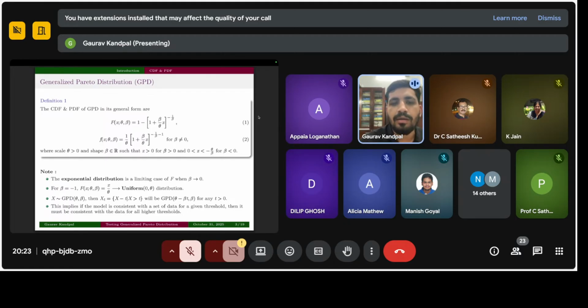And the third very interesting property is that if X follows the generalized Pareto distribution (theta, beta), then X_t, which is X's age after a given age t, that is X minus t given X is greater than t, will be a generalized Pareto distribution again with different parameters, theta minus beta t, comma beta. This implies that if this model is consistent with a set of data for a given threshold, then it must be consistent with all higher thresholds.